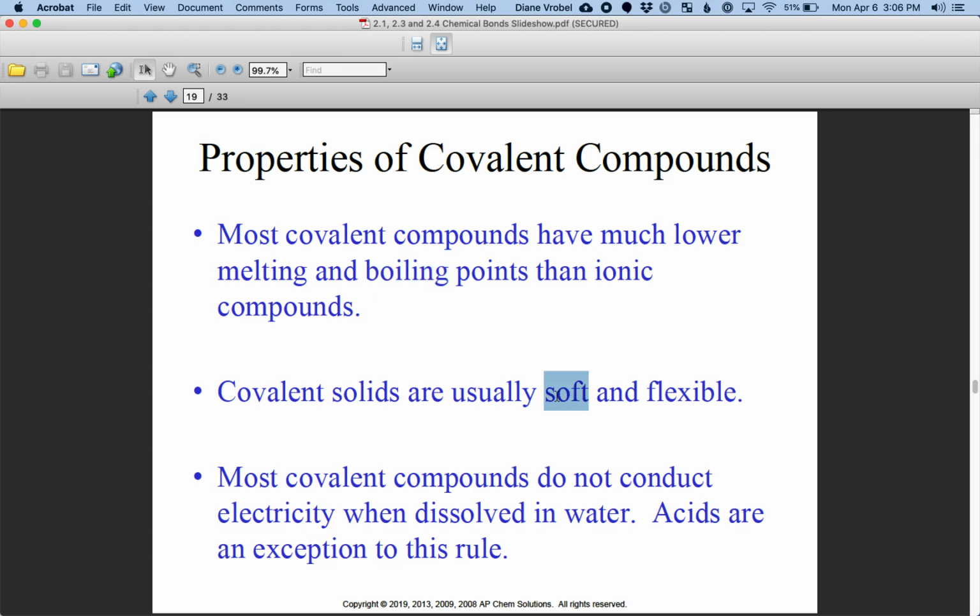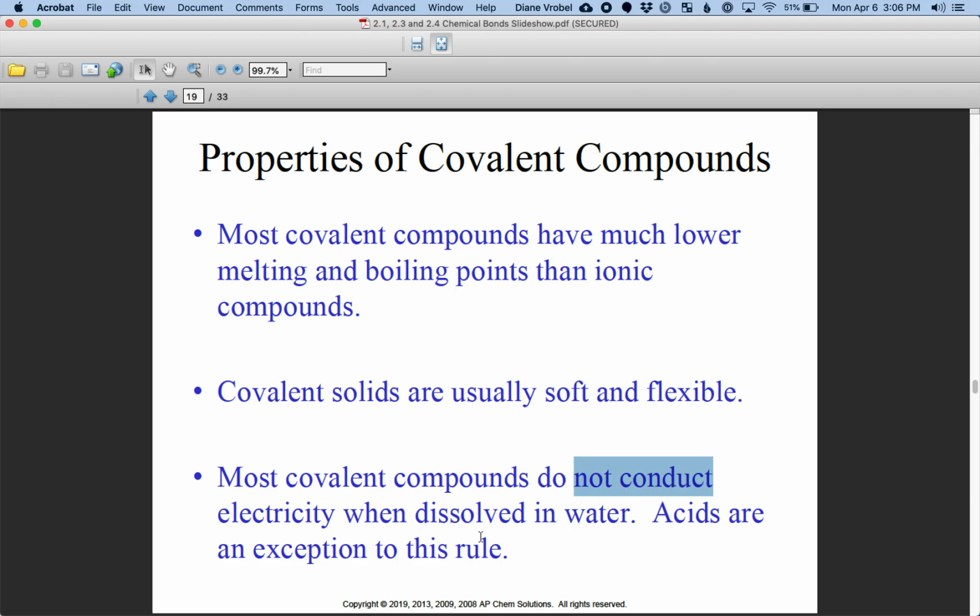Now, if you were to pound on sugar versus salt, you might notice that sugar is actually a little more flexible than salt. This is also important.